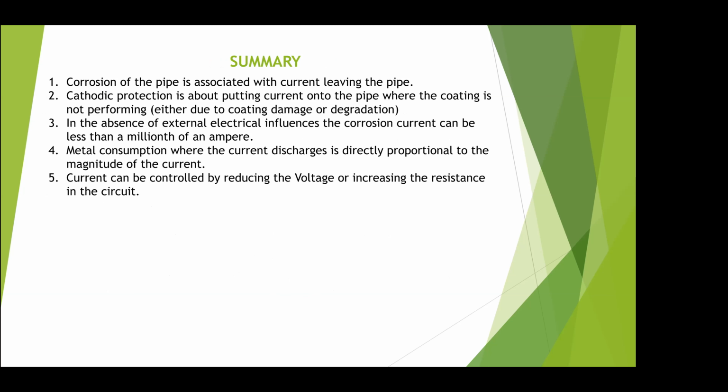So in summary, we can say that the corrosion of the pipe is associated with current leaving the pipe, and that CP is about putting current onto the pipe for whatever reason. Metal consumption is directly proportional to the magnitude of the current.